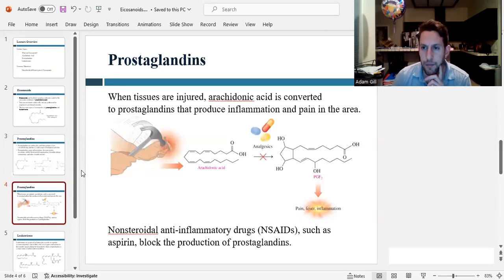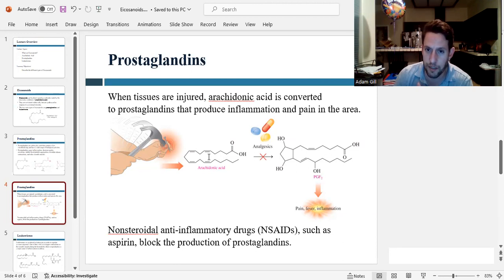And so when tissues get injured, they start converting arachidonic acid into prostaglandins, and then this triggers the inflammation response locally in that area. So like you hit your thumb with the hammer on accident, and your thumb's like, oh, we gotta start the inflammation response.